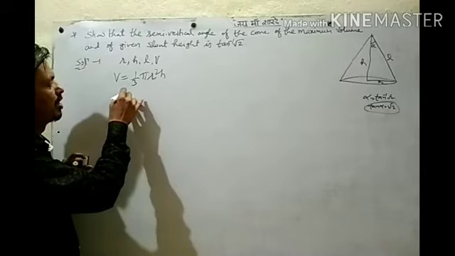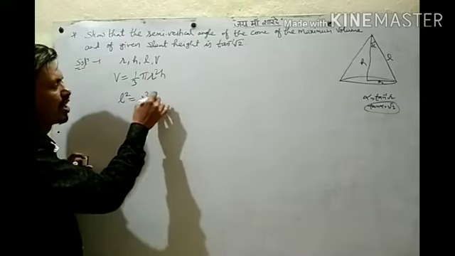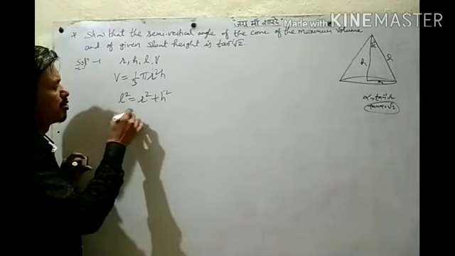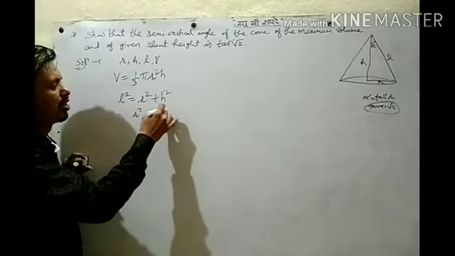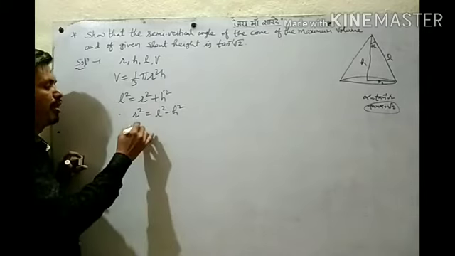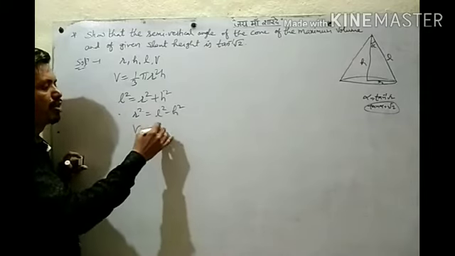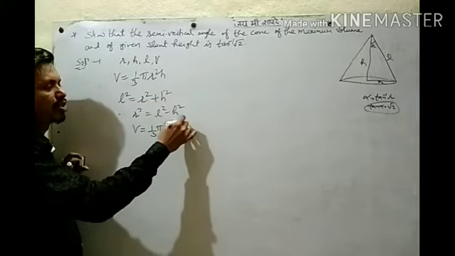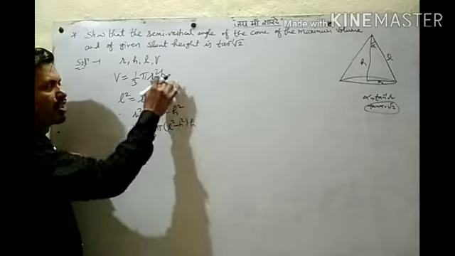Now we know that L square equals r square plus h square. So from this we can write r square equals L square minus h square. Now our volume will be 1 by 3 times pi into r square, that is L square minus h square, into h.